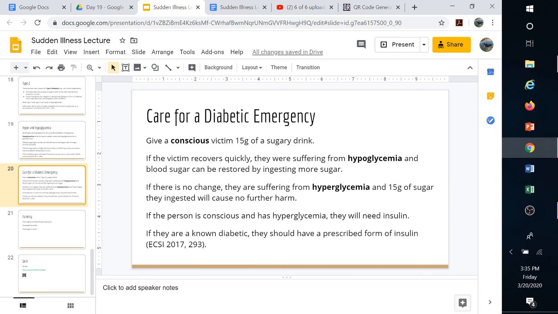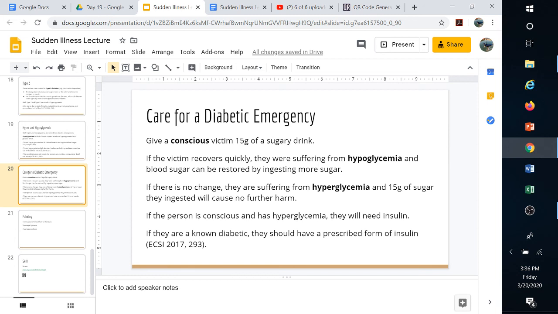Quarter can, half can, in between there. They drink that down. If it's hypoglycemia, they should recover really quick by getting that sugar into their system. If it's hyperglycemia, 15 grams of sugar is not enough to really cause a bigger issue. Now, obviously, we don't want them to keep drinking sugar, but 15 grams is not enough to really put them over the edge and into an even worse situation.